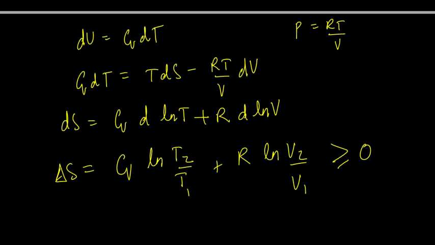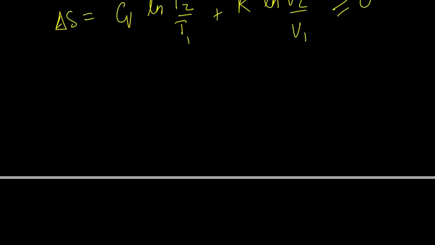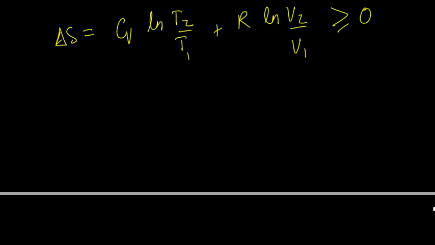Another corollary to the third law is that even if you manage to come to 0 Kelvin, you cannot stay there. You cannot stay there because, you see, what is the change in delta S?